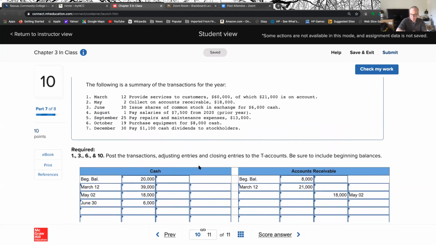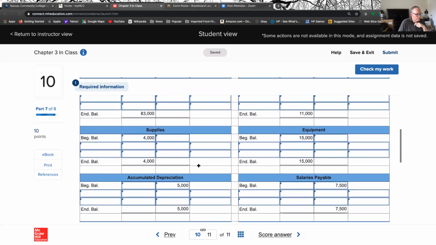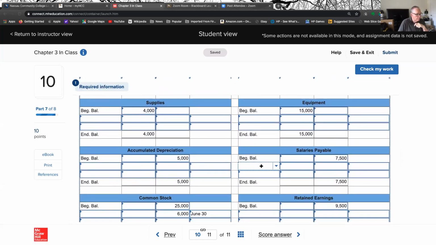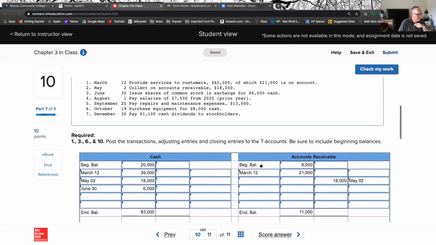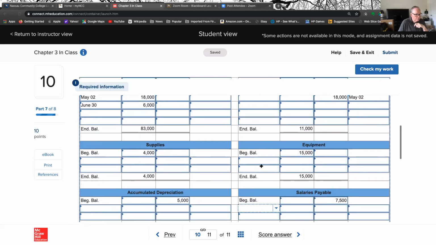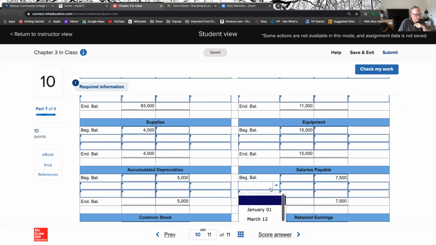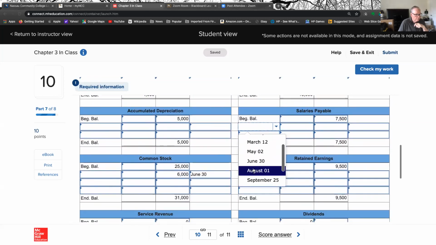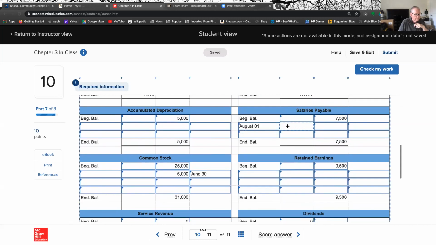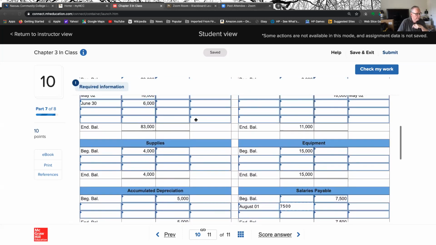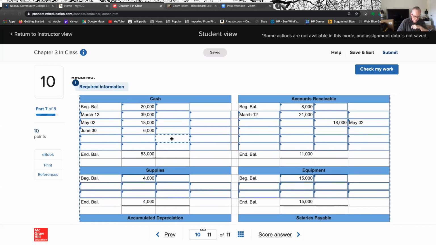Then we had August 1st, pay salaries from 2020, prior year, right? That was this debit to salaries payable. What was the date again? August 1st. Debit 7,500 and credit cash 7,500.